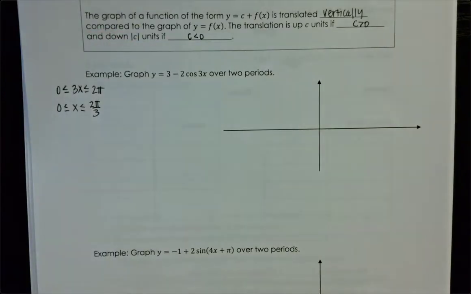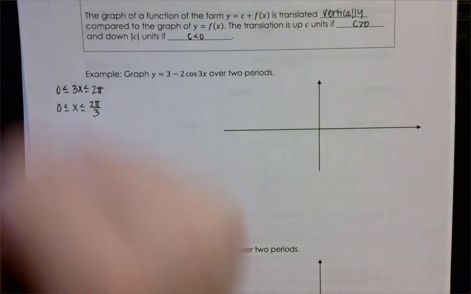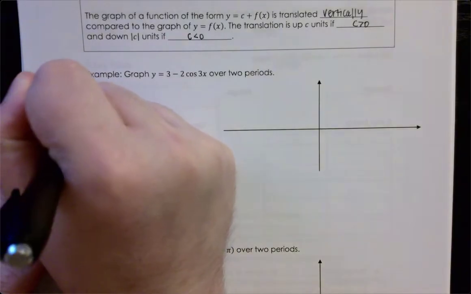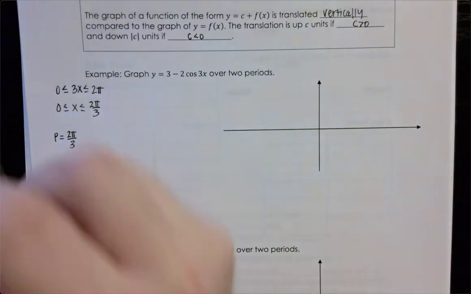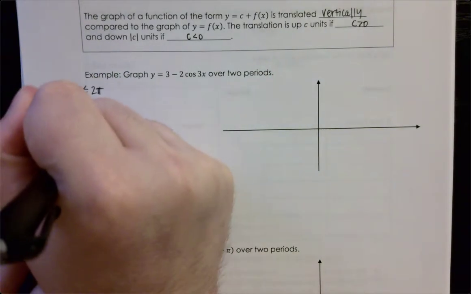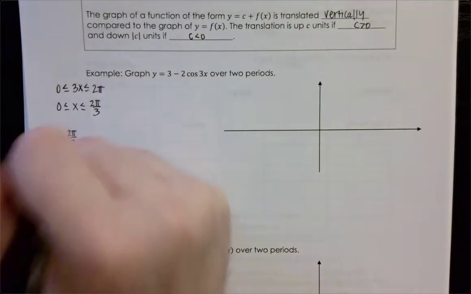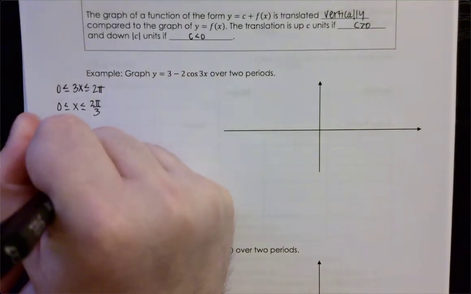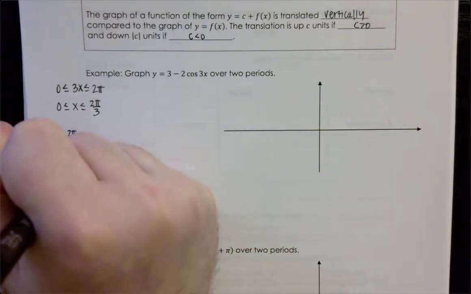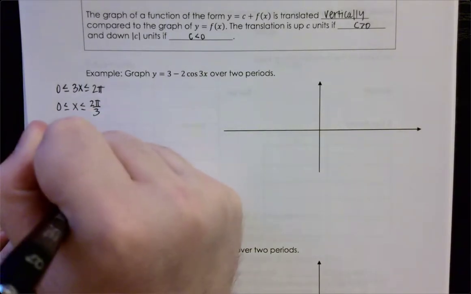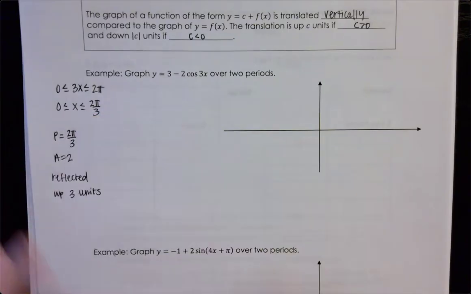So we're going from 0 to 2 pi over 3. Your period is 2 pi over 3. Your amplitude is 2. It's reflected over x. And now we have up 3 units.